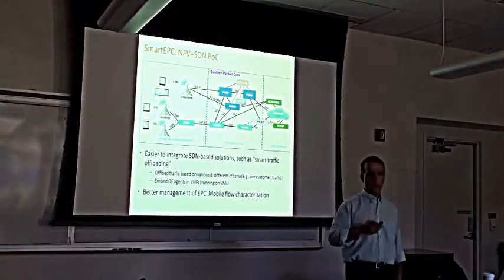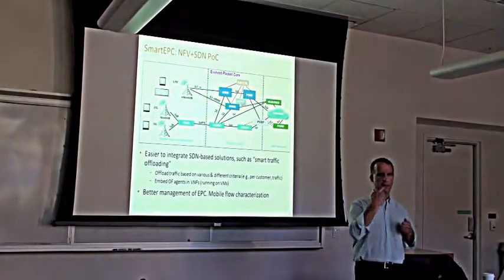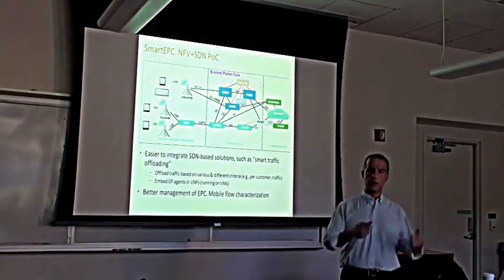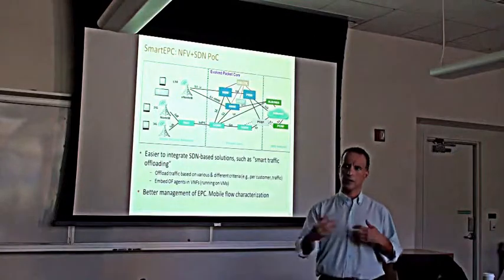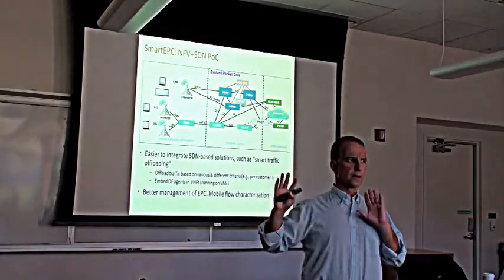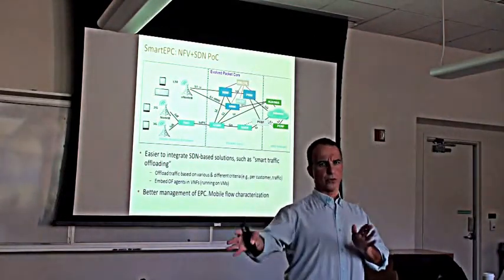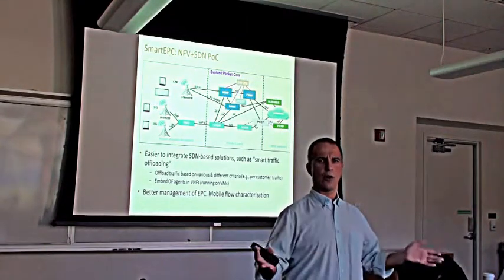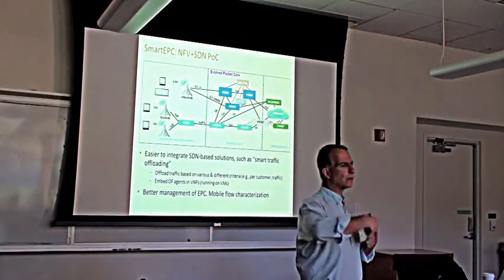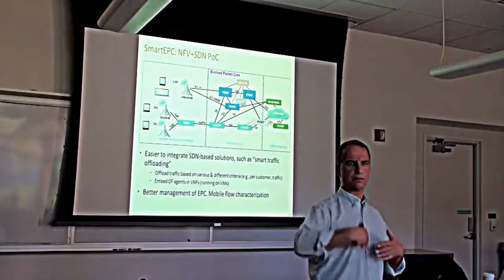So if I have an SDN-based mobile traffic offload solution, in the past I would have to go to Ericsson or Alcatel-Lucent and say, can you please integrate this software solution into your box? And since I'm Orange, they say yes, I can do that, but it will take 3 years to do this integration.